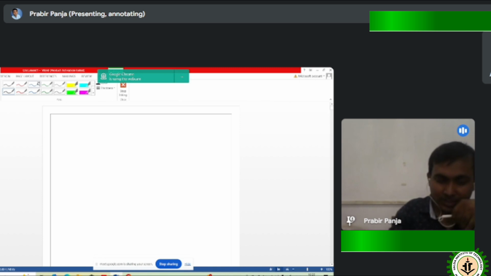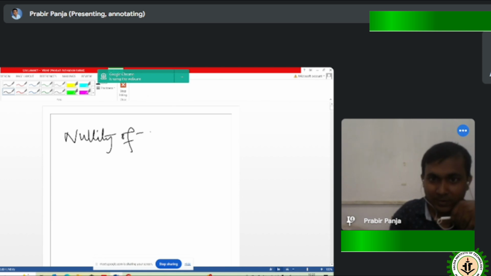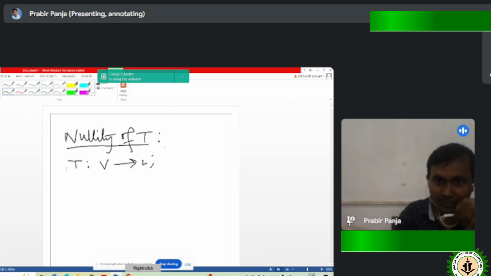Suppose we have nullity of T. Let T be a linear transformation from V to W, where V and W are vector spaces.